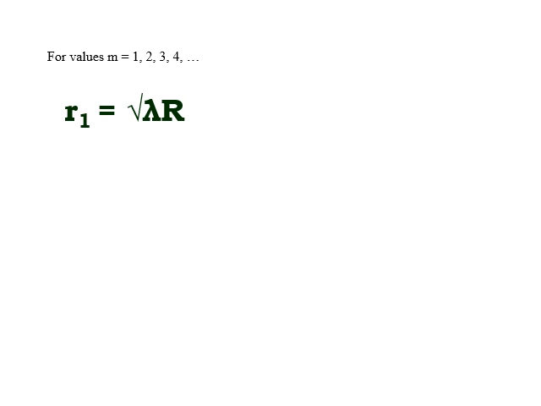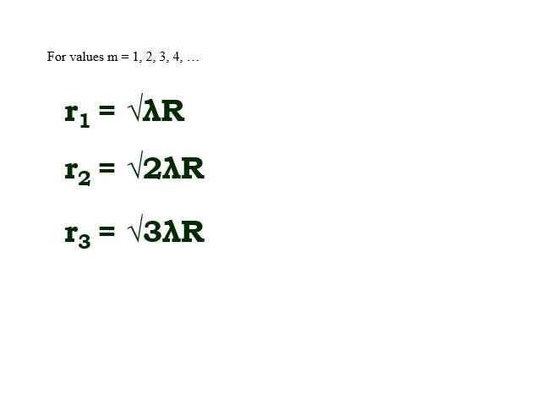We just have to keep the values of m equal to 1, 2, 3, 4 in the previous equation. So the radius of the first ring will be R1 is equal to under root lambda R. Then R2 will be equal to under root 2 lambda R. R3 will be equal to under root 3 lambda R, and so on. Rn will be equal to under root n lambda R.